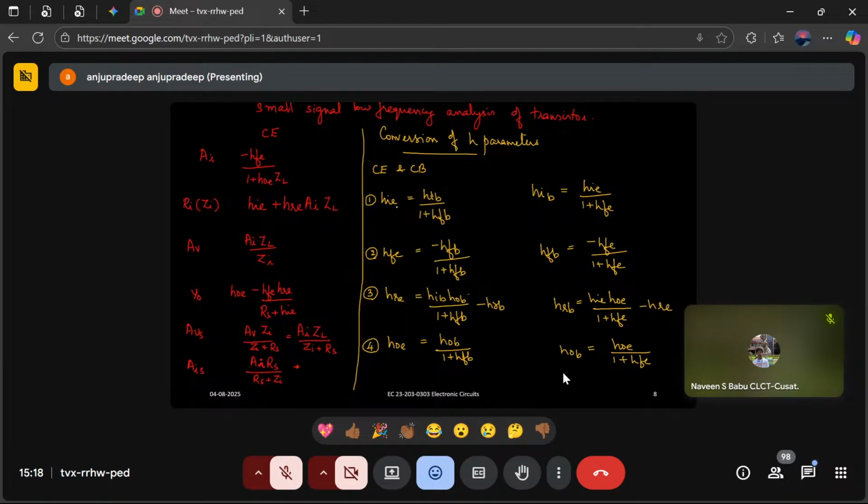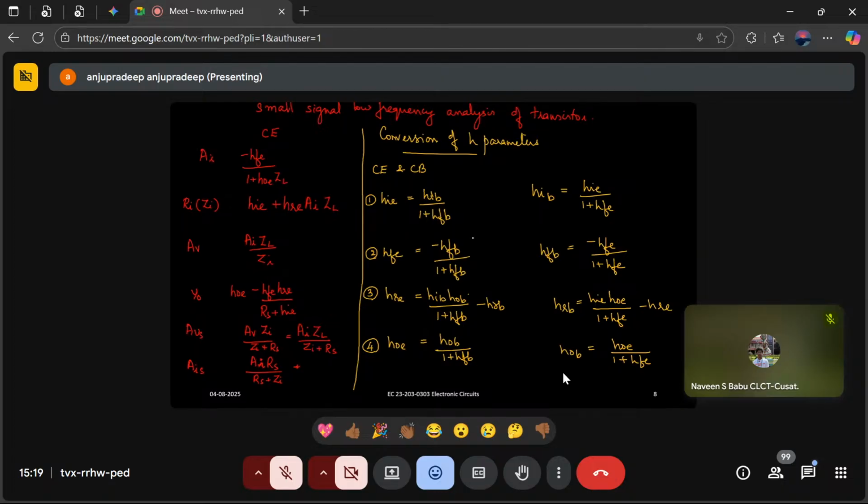For example, input impedance hie in common emitter configuration is equal to input impedance in common base configuration, hib, divided by 1 plus hfb. hfe is equal to minus hfb divided by 1 plus hfb.